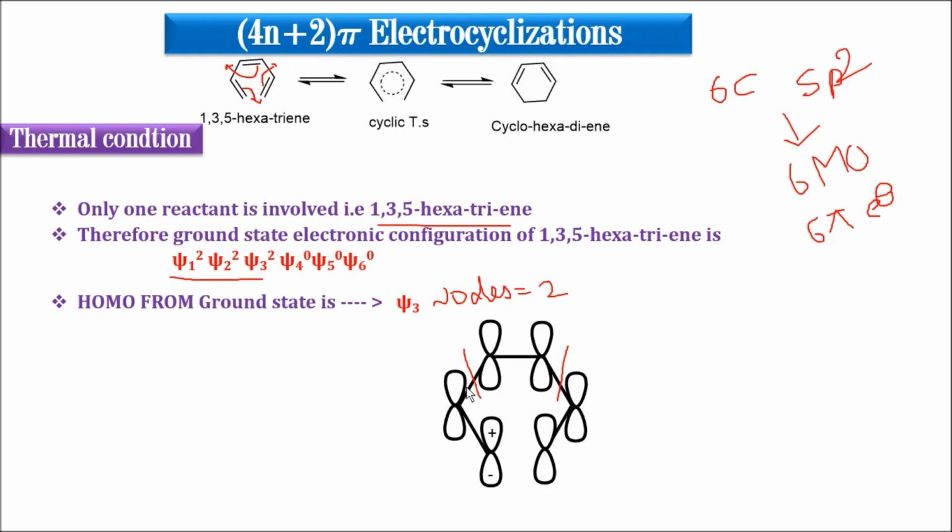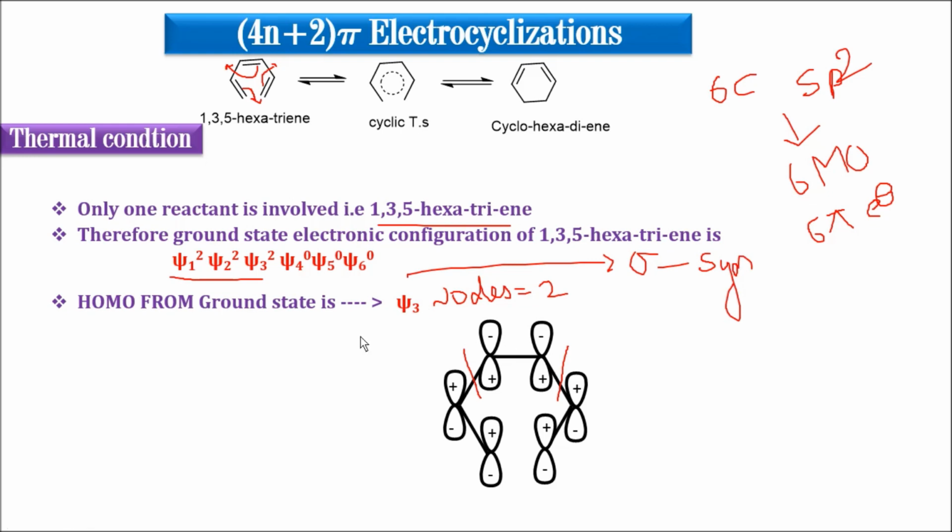Here no node, so we get plus. A node is present, so here we get minus. No node, so again minus. A node is present, so we get plus. No node, so plus. This is the molecular orbital of psi3. Remember, psi3 has a sigma plane of symmetry.